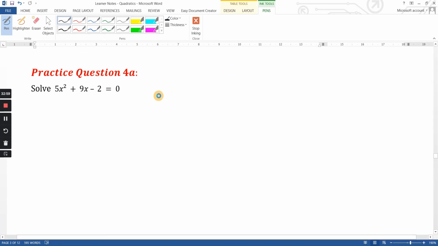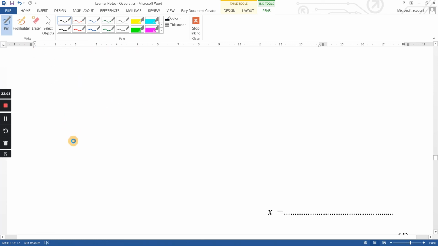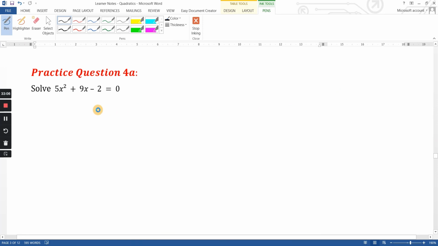Okay, so let's go through these. I'm going to go straight into double brackets. You could have used the AC method as well, but I'm going to go straight into the double brackets because it's a lot quicker. So 5x squared, well, the only two numbers going to make that is a 5x and an x, can't be anything else. Minus 2, it's just going to be a 2 and a 1, so straight away I can see I'm going to have to put 2 here and a 1 here because that's going to get me the 9, isn't it?